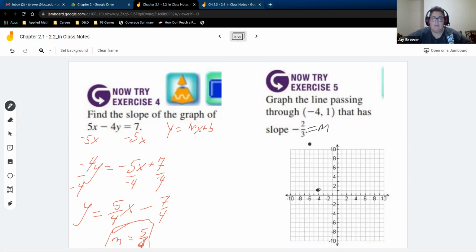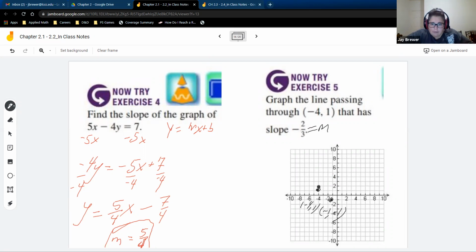Then to use the slope like we were talking about in the beginning, we're going to count down 2, so down 1, 2, and then to the right 3, 1, 2, 3. So down is where I'm getting my negative, because right is positive, and this point should be negative 1, negative 1. Obviously here we have negative 4, positive 1, but we can also go up.